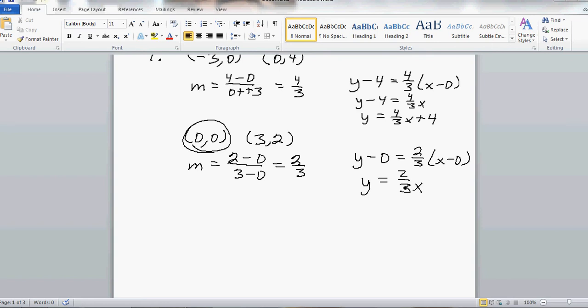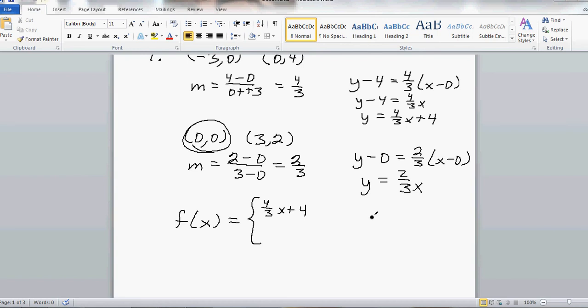So finally, writing the entire definition, f of x equals 4/3 x plus 4 for a little while. What while?